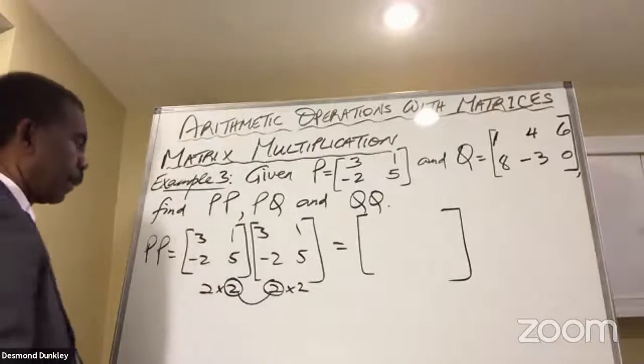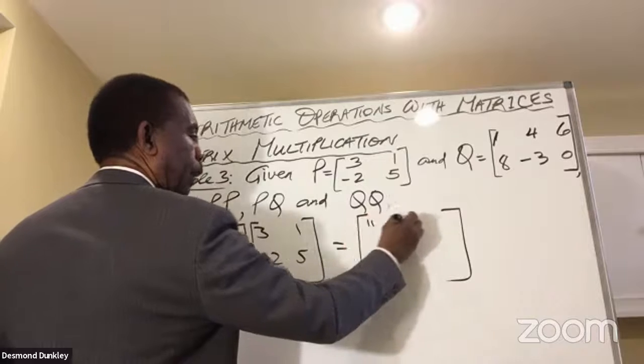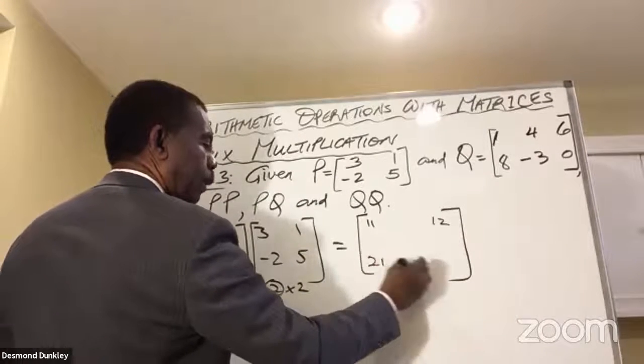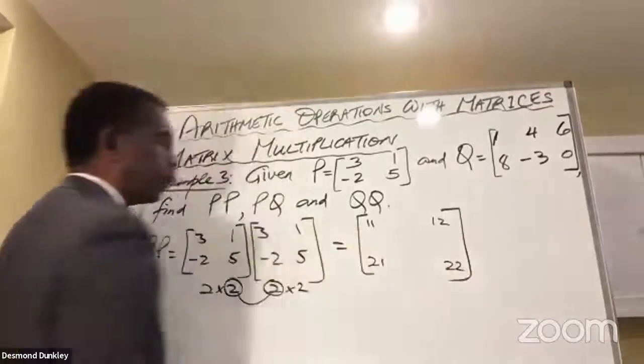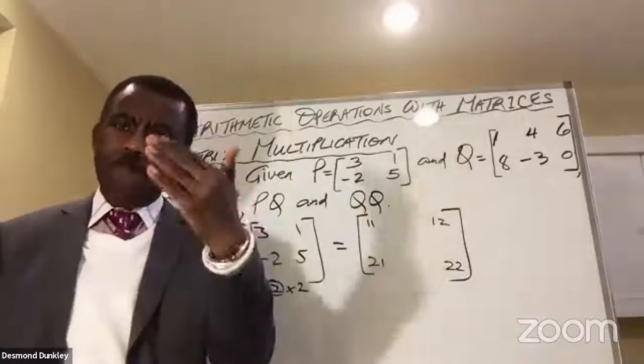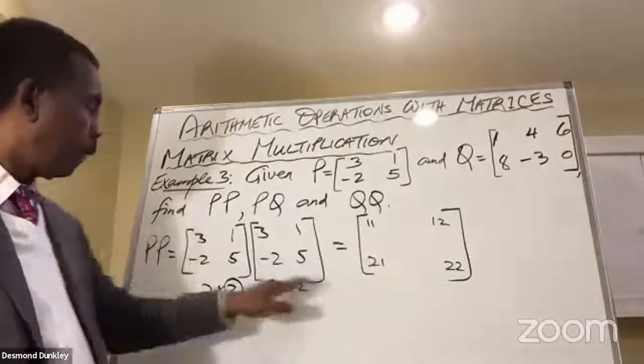Okay. So this is the 1, 1, 1, 2, 2, 1, 2, 2. I'm just putting this in there for your benefit, okay? So it's the first row times the first column.